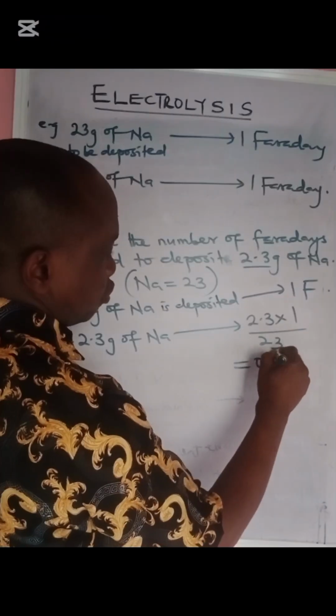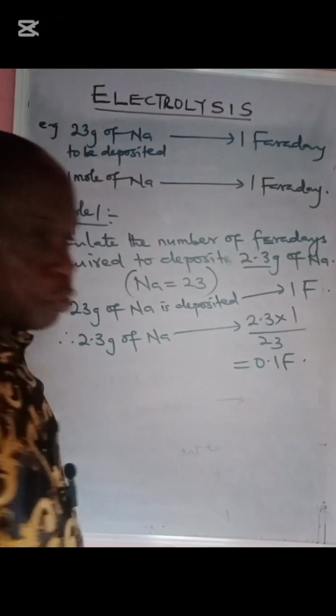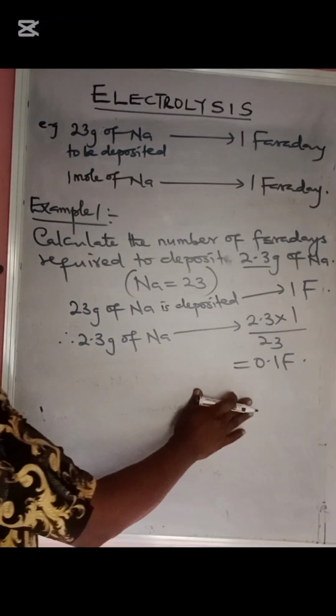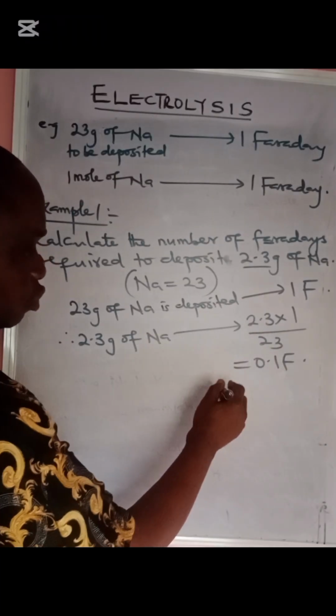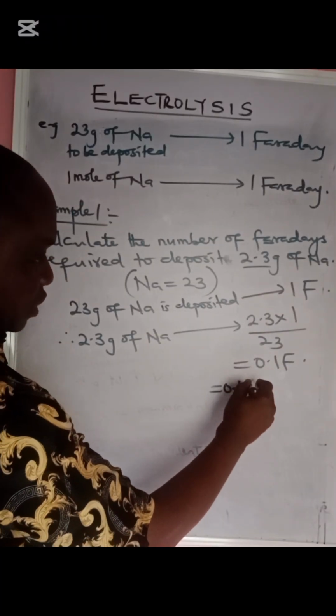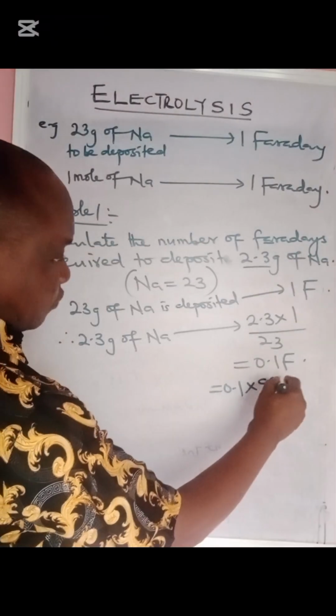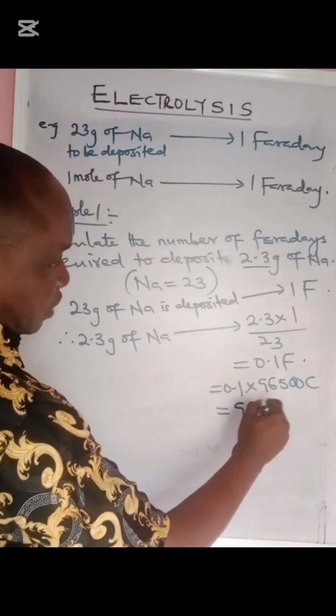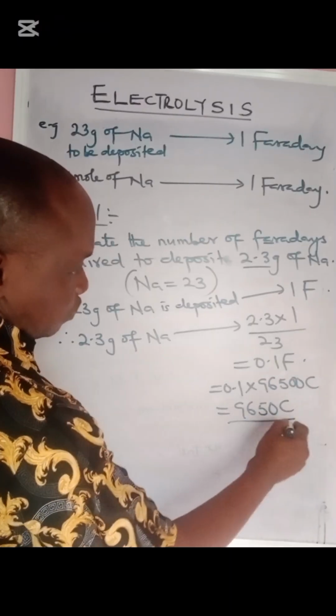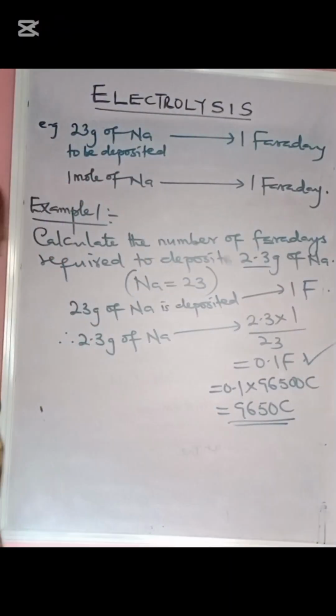So it will be 0.1 Faraday. If they don't leave the unit in Faraday, they can leave it in coulomb. Remember that 1 Faraday is 96,500, so in coulomb this will be 9,650 coulomb. Either way, it's still the same thing.